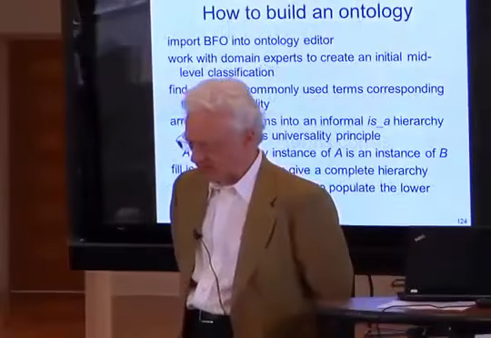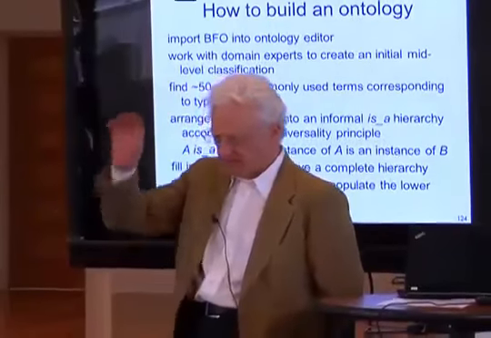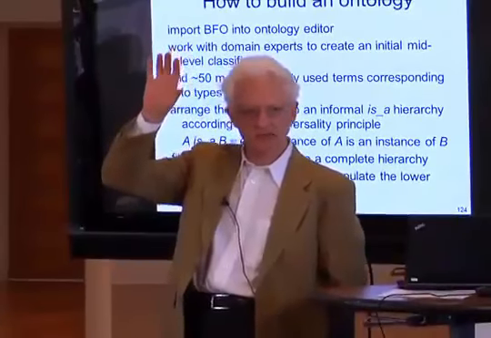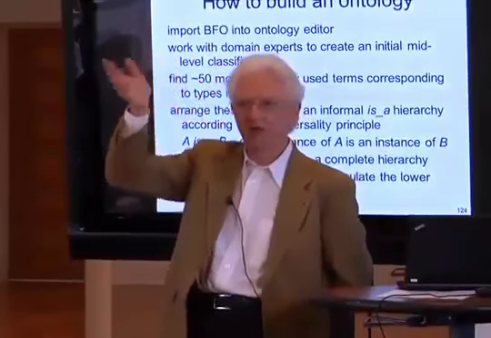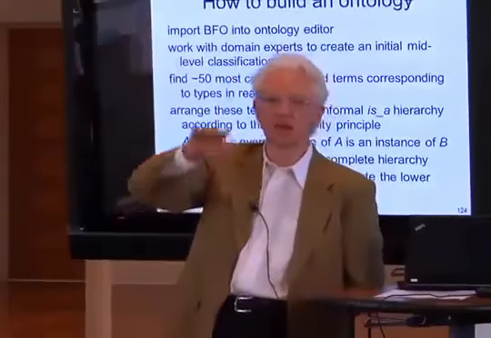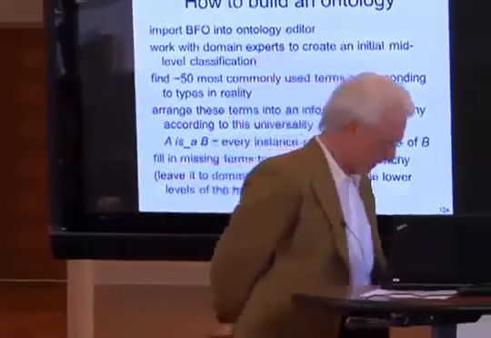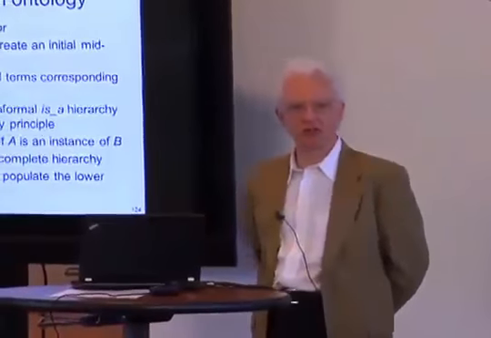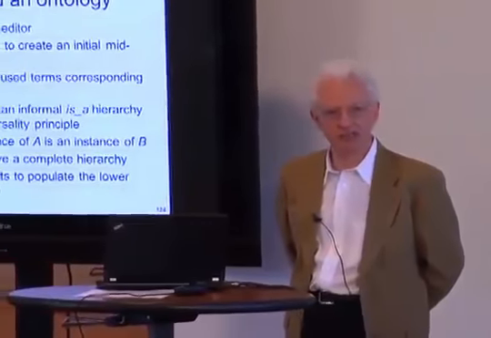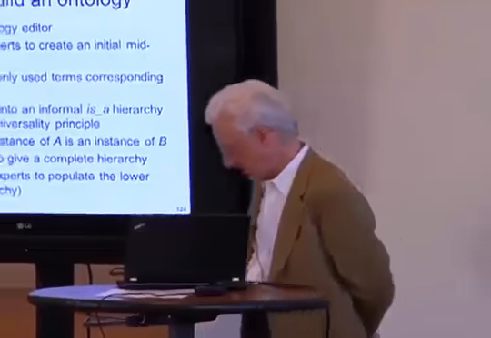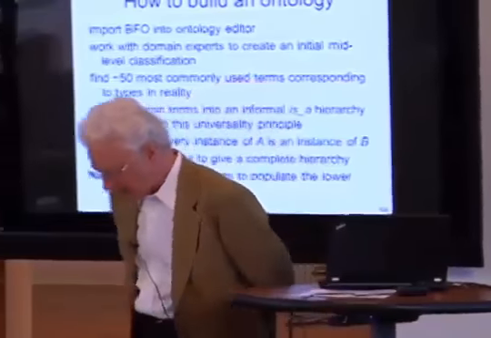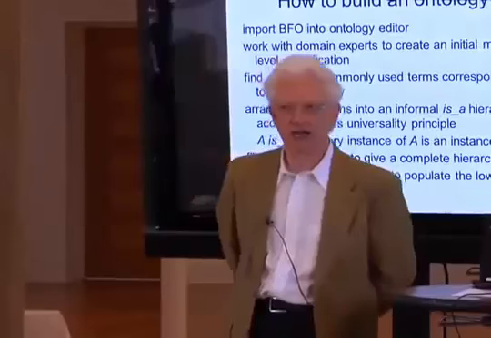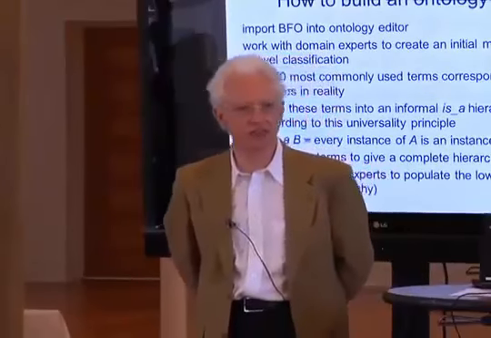So I'll give you an example from the FMA. Buffo has the term site, which means roughly a cavity or a hole. For instance, the interior of this room is a site. And in anatomy, there are cavities in the body, which are called anatomical cavities in the FMA. Now, no anatomist would use anatomical cavity or anatomical spatial cavity.